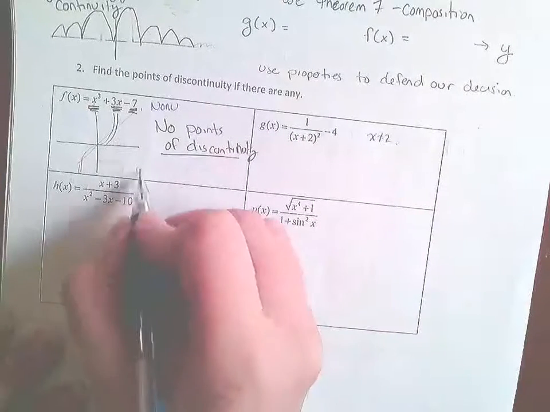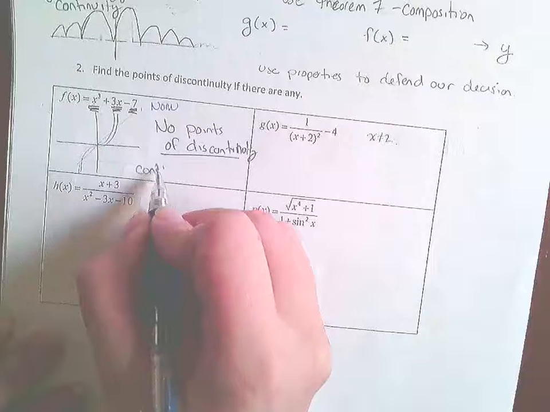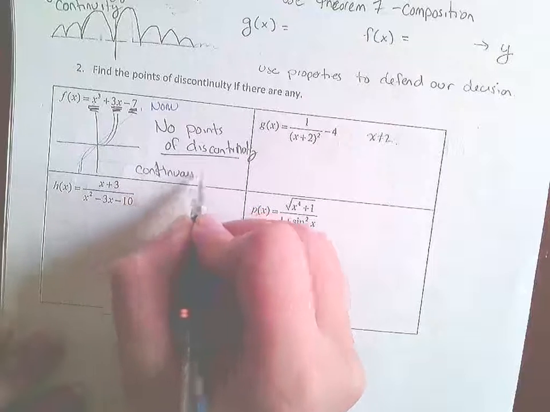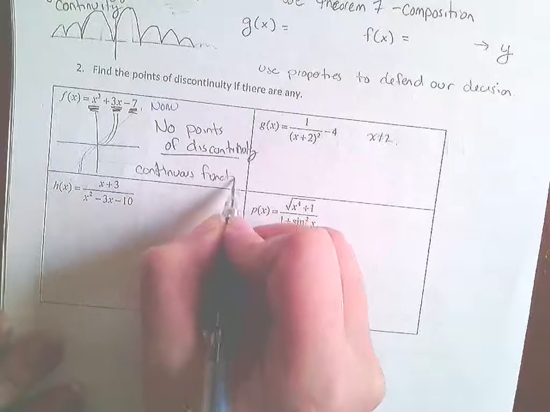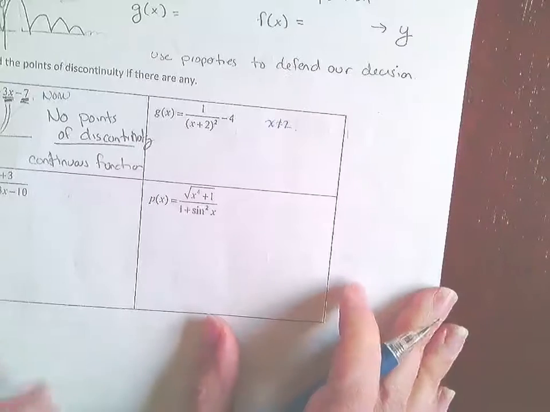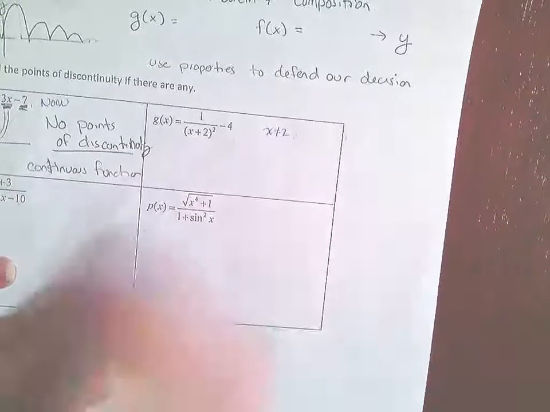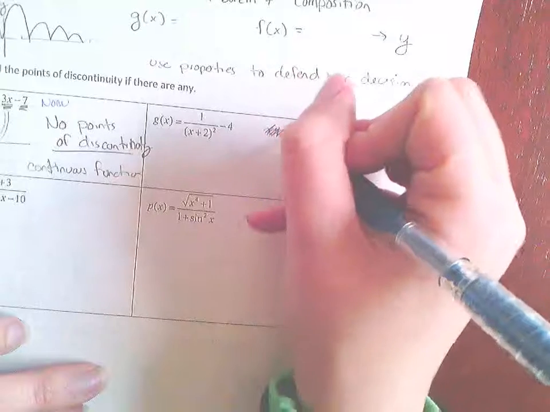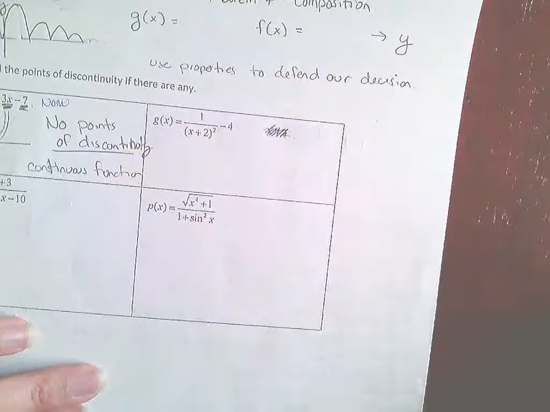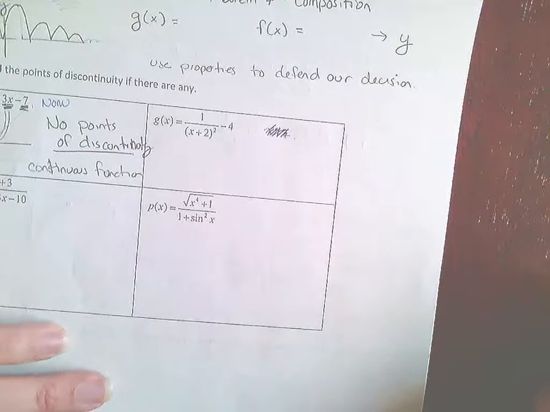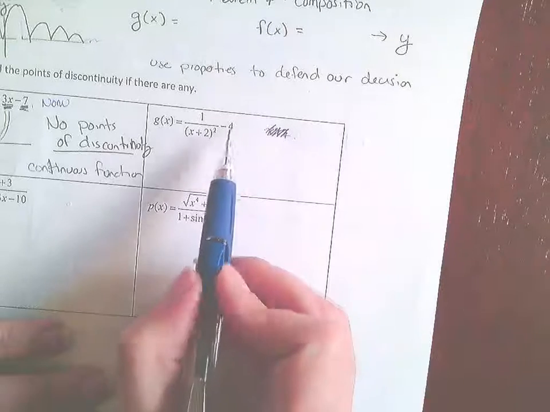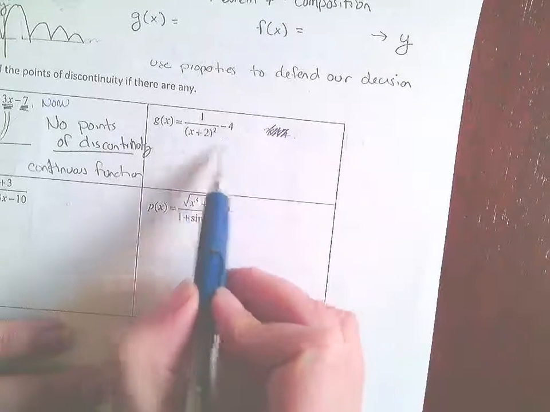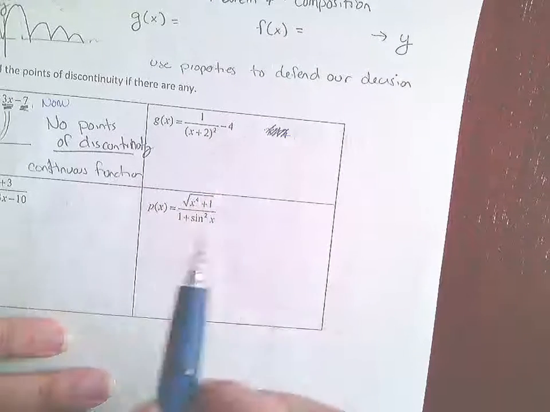Okay, this is a continuous function. All right, looking at this next one, we could try to graph it first. When we graph it, we can kind of see where the points of discontinuity are. Or we can look at the denominator.